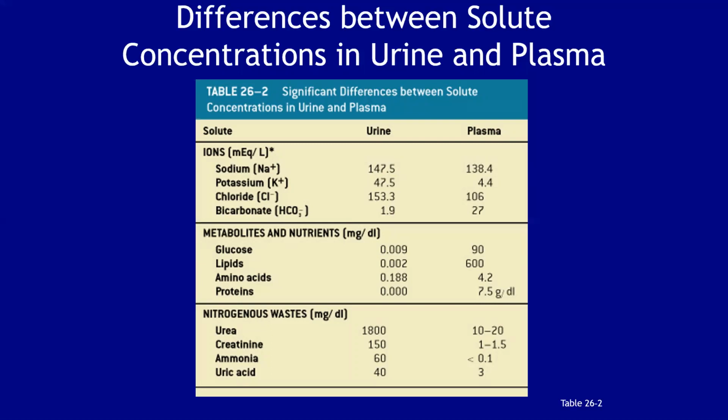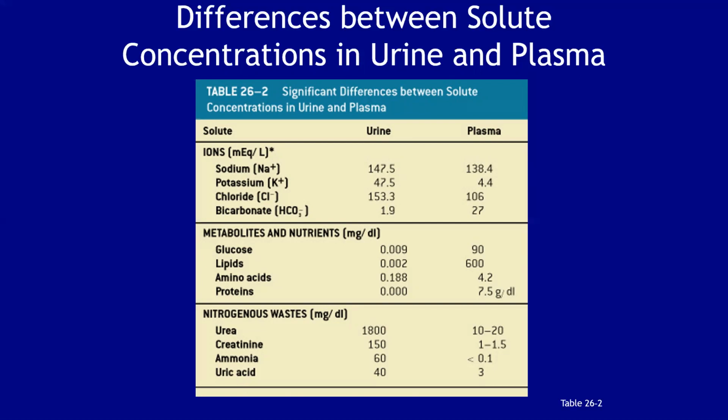So I want you to look at this table and look at the differences. It's not anything you have to memorize, but this drives the point home about the differences between urine and plasma and the fact that you are getting rid of waste. The first column is urine, the second column is plasma.